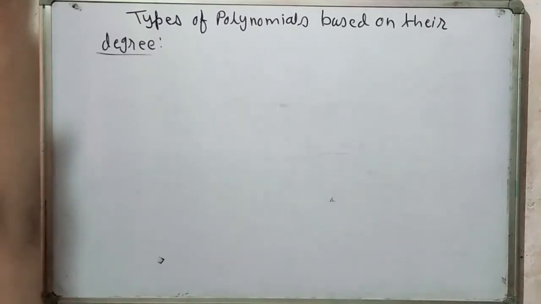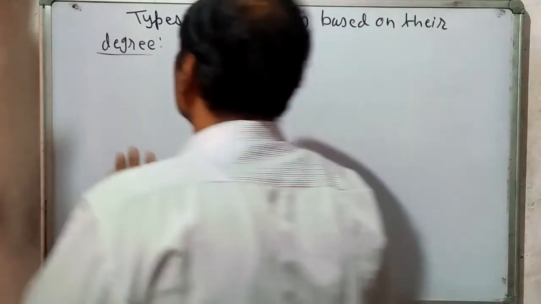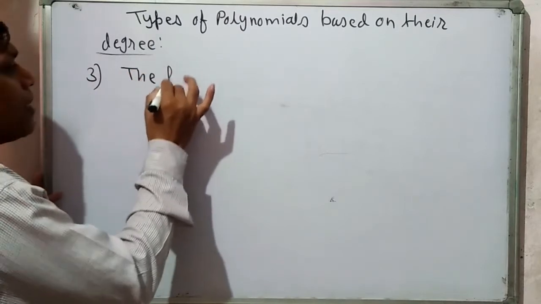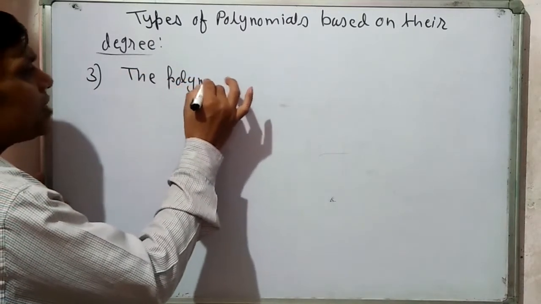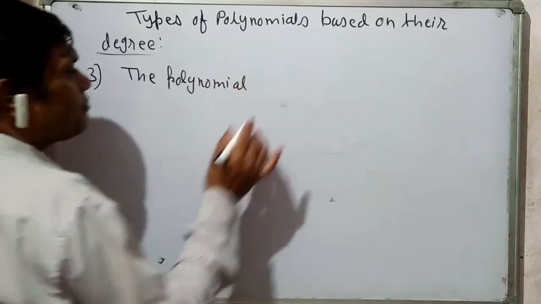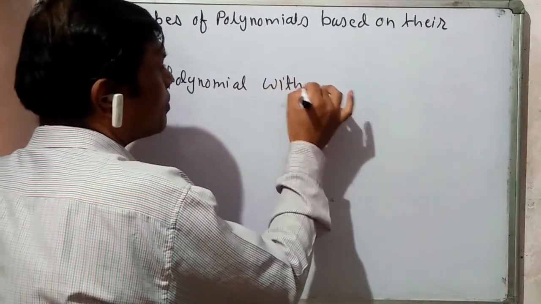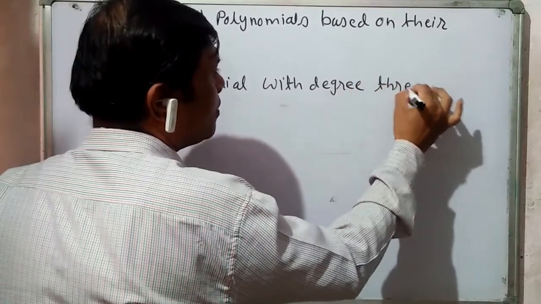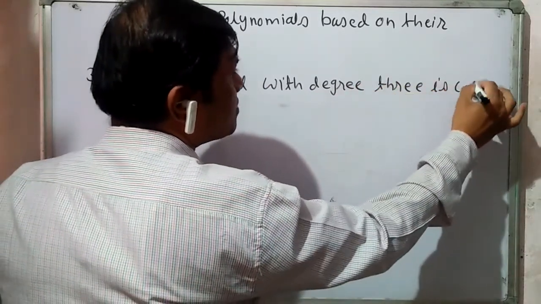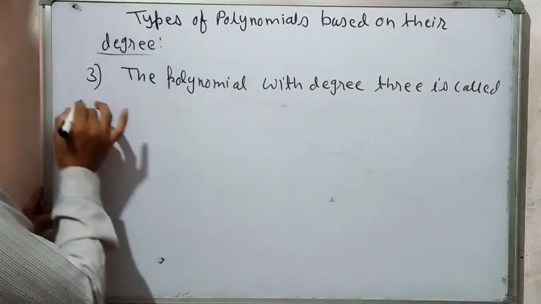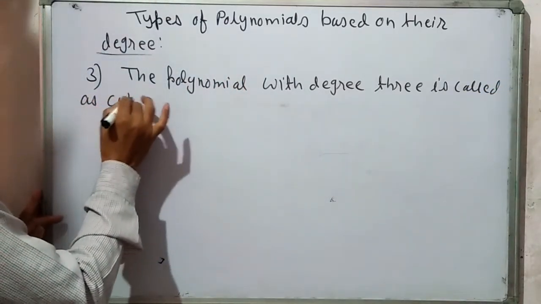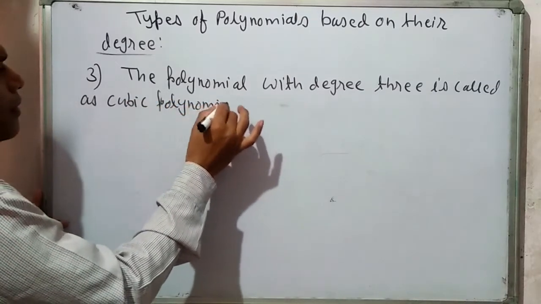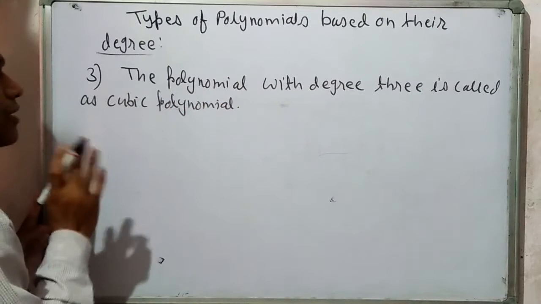The third kind of polynomial based on degree is, of course, you guessed it right, the polynomial with degree 3, and it is called a cubic polynomial.